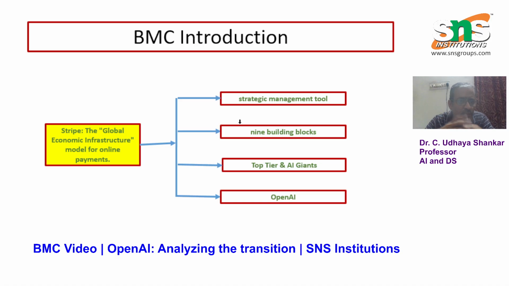Stripe's evolution from a 7-line code snippet to a global economic infrastructure represents a fundamental shift from transactional processing to a comprehensive platform as a service.